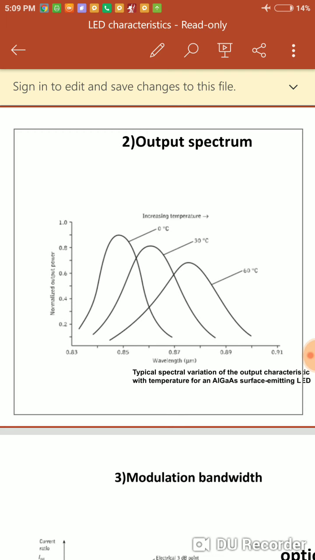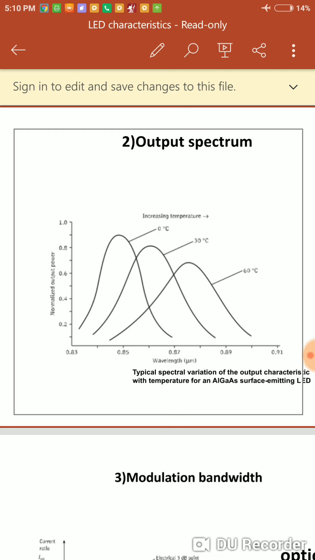In this graph they have shown the effect of an increase in temperature on the output spectrum. Output spectra are shown at three temperatures: 0 degrees Celsius, 30 degrees Celsius and 60 degrees Celsius. From the graph it is clear that as the temperature increases, the output spectrum broadens. At 0 degrees Celsius, the output spectrum has more power.